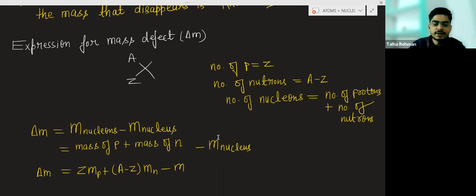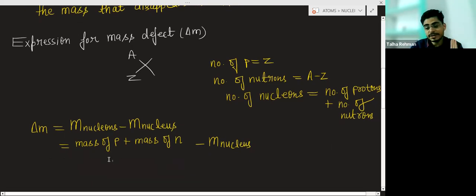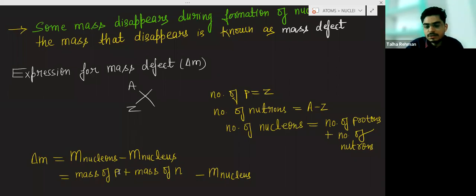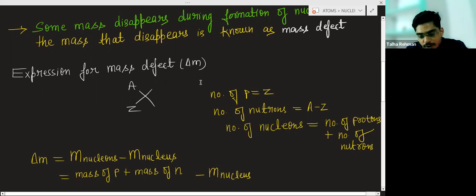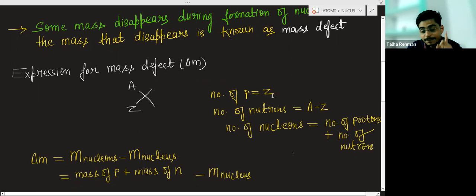I am just calculating here what is the mass of proton. Mass of proton will be the mass of total protons inside the nucleus. How many protons are there? Z protons are there in this nucleus.